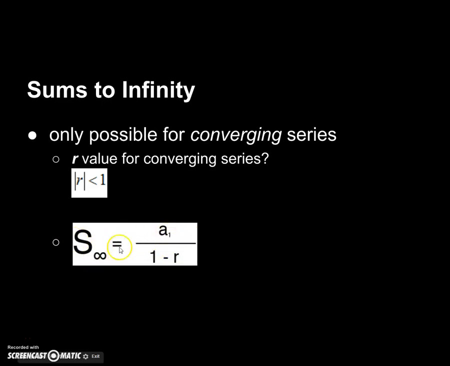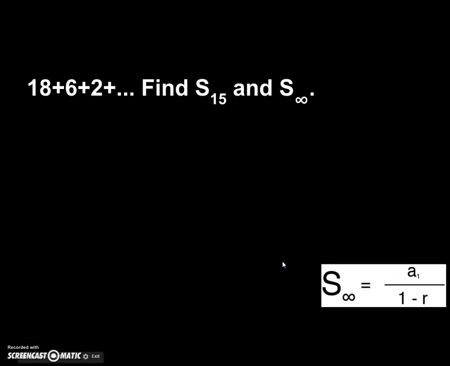So my S infinity is equal to A1 over 1 minus R. Okay? Now, if you want to know how to get the formula, come and talk to me. It is actually pretty cool. Come talk to me if you want to know how they got this formula.